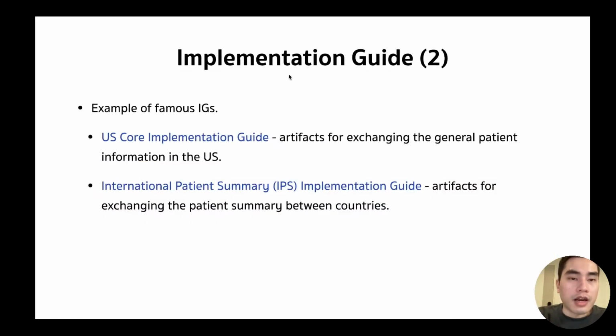There are several famous implementation guides in the world, and I would say most of the pretty developed countries have their own implementation guides. For example, in the US, they have the US Core implementation guide.